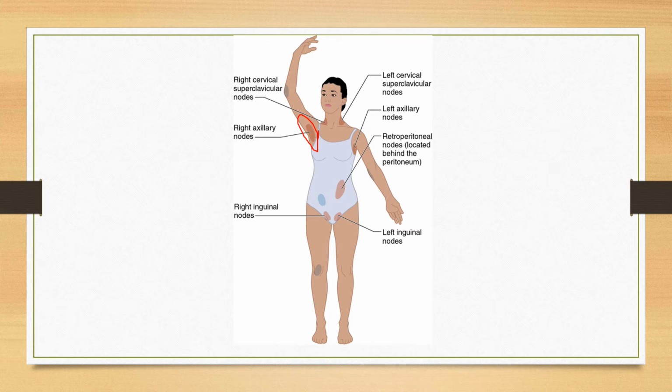Remember all those different node chains that we saw a couple of slides ago, all running throughout here. And then inguinal nodes can also be enlarged with STIs or other infections in the GU system.